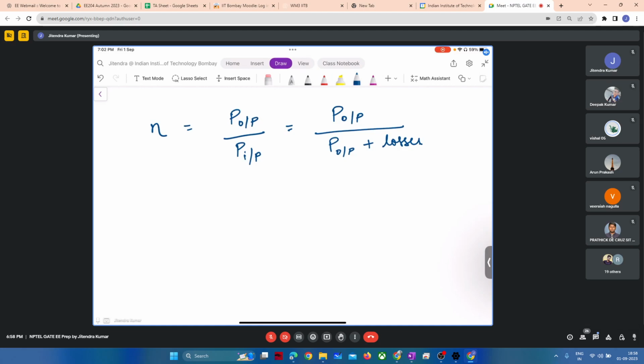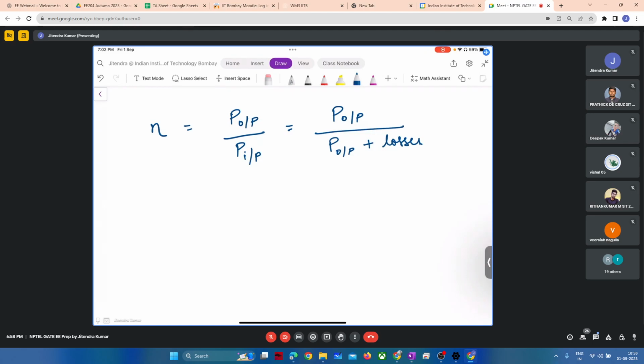That kVA, and whatever rating is shown in the problem or on the equipment, is denoted by the output parameter. Whatever kVA or power you are given, or the nameplate value of any equipment, is nothing but the output parameter.